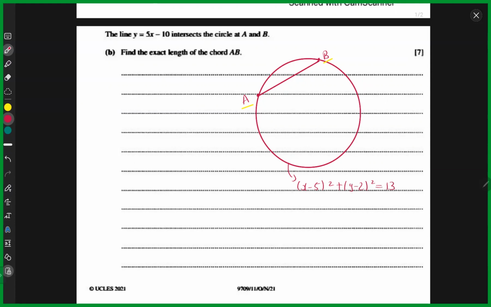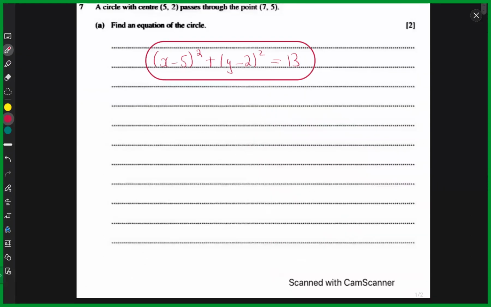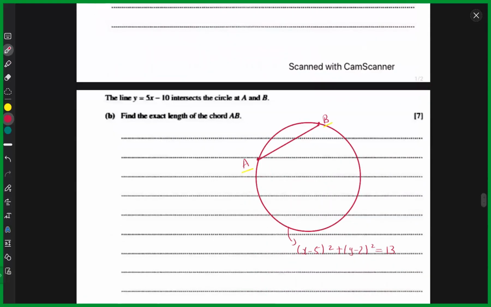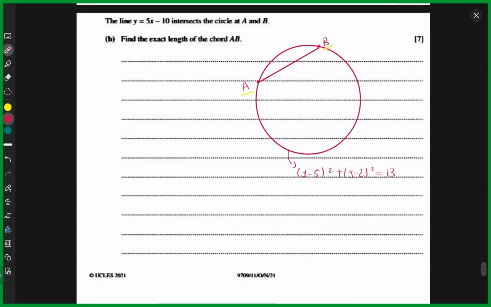So we have the coordinate of the center of the circle, that is (5, 2). And in the previous question, they also said that the circle passes through the point (7, 5). Yes, very good. Just take your time and think about it.